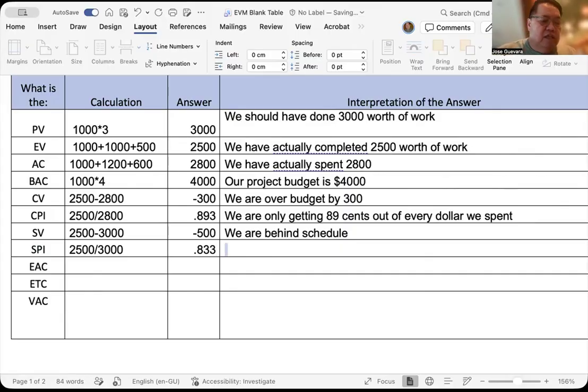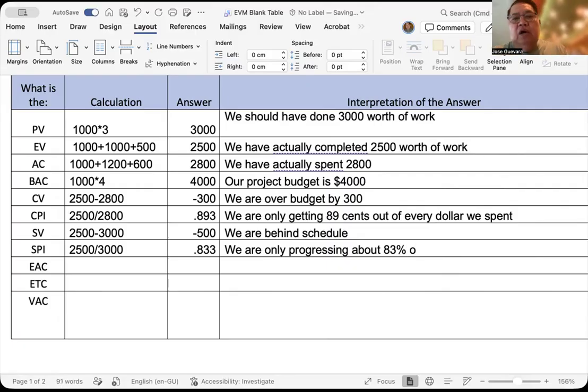And we can say that we are only progressing at about 83% of the rate planned. Again, that answer is not good.